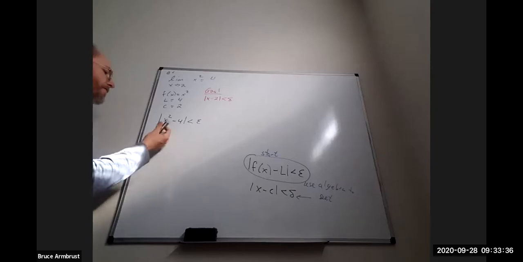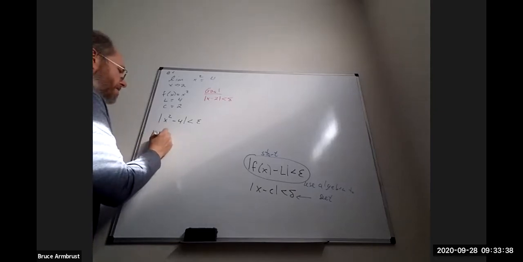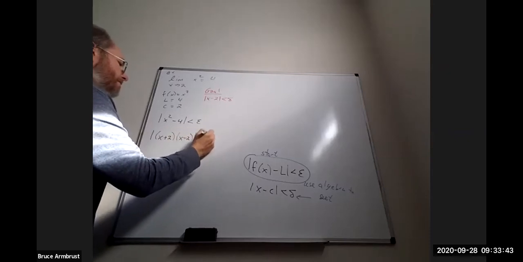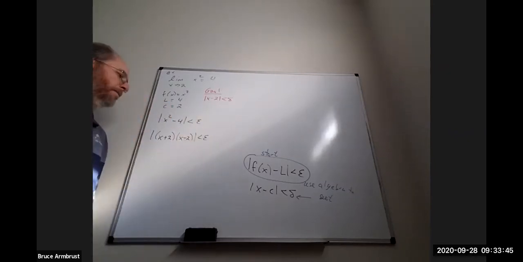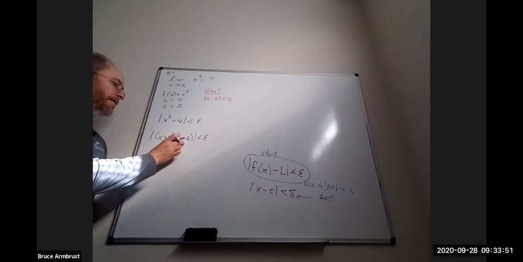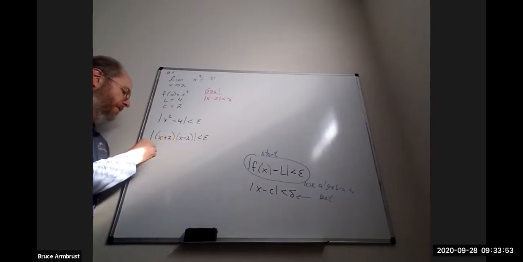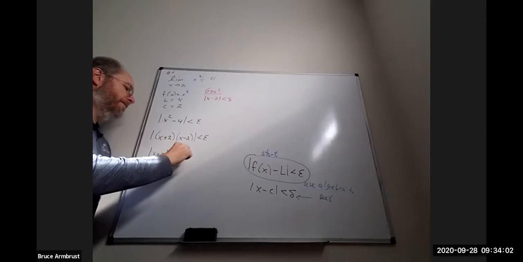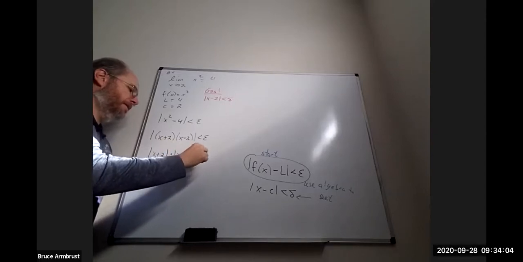So we can actually write that as x plus 2 times x minus 2, and since I've got multiplication, I can pull that apart. But I'm going to have here the absolute value of x plus 2 times the absolute value of x minus 2 is less than epsilon.